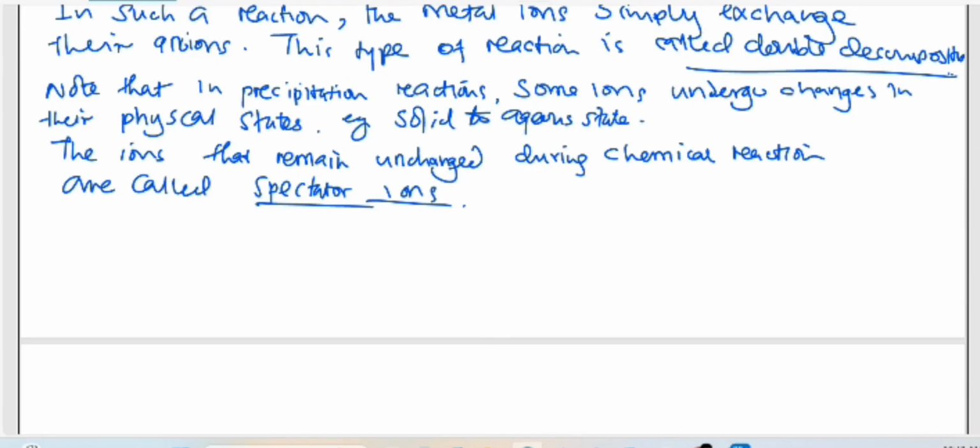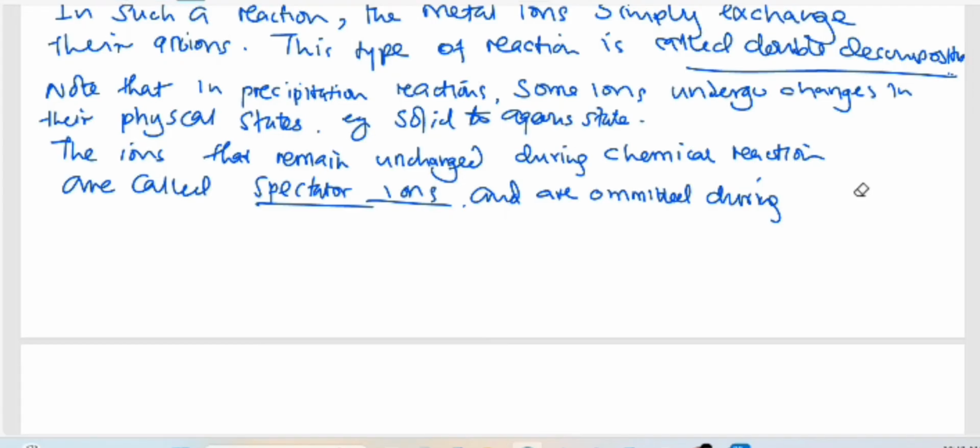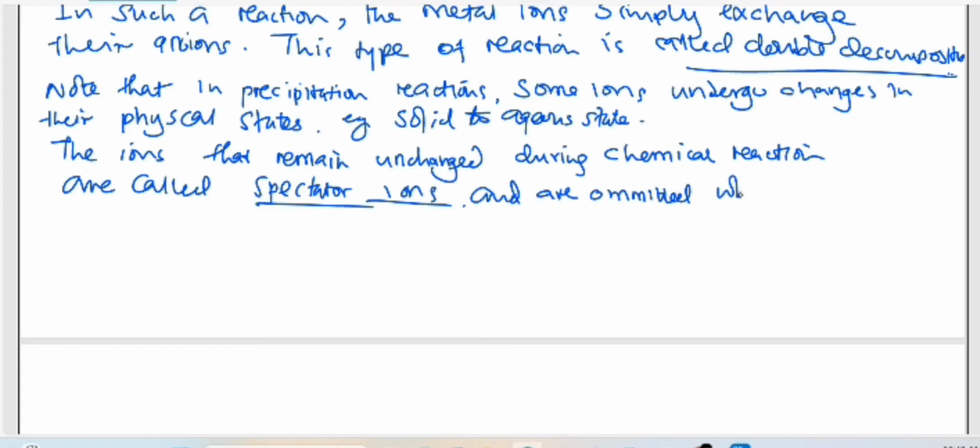These spectator ions are omitted when writing ionic equations.